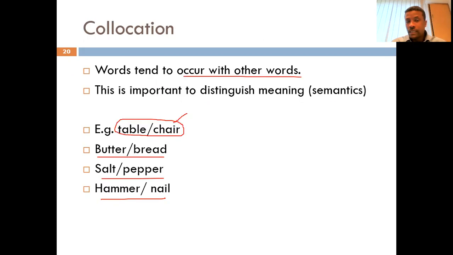So this is a very important thing. Mind you, we have seen what we call collocation, we have seen semantic role, we have seen lexical relation. We also have tried to understand semantic feature as a means of representing. Okay.